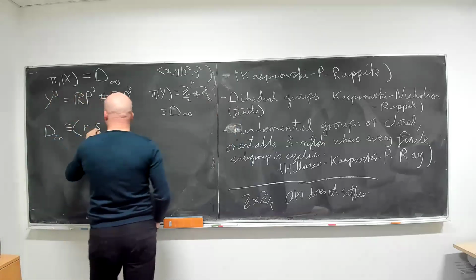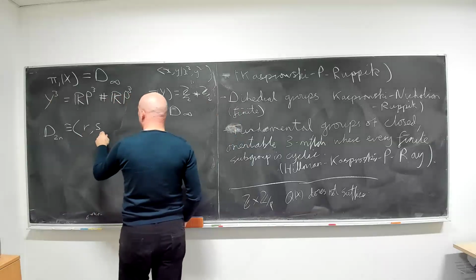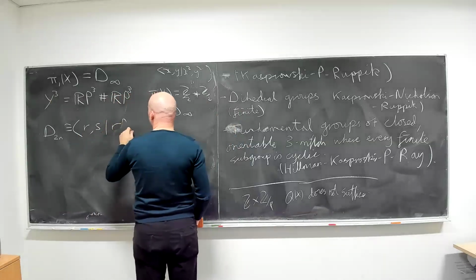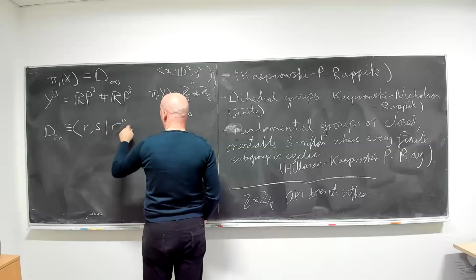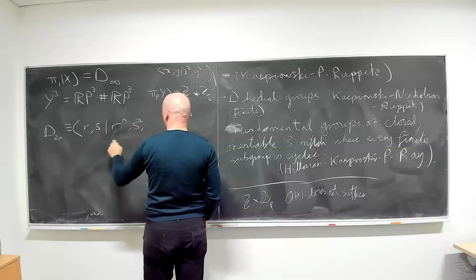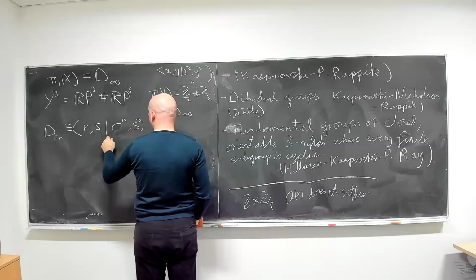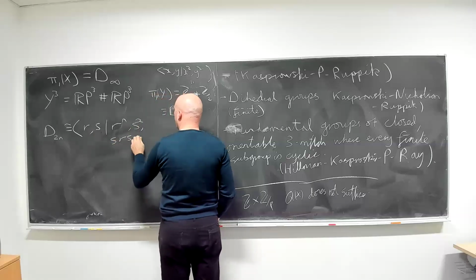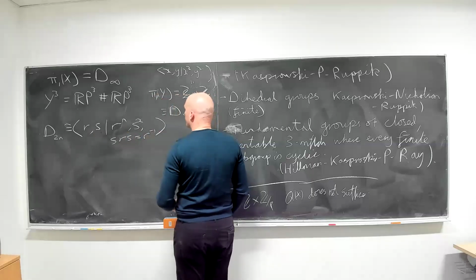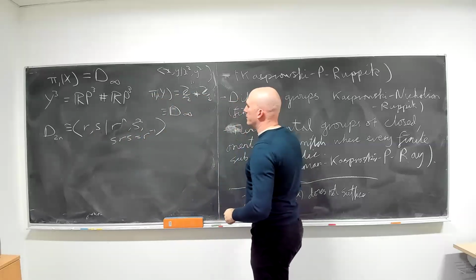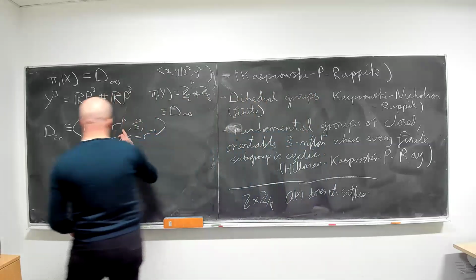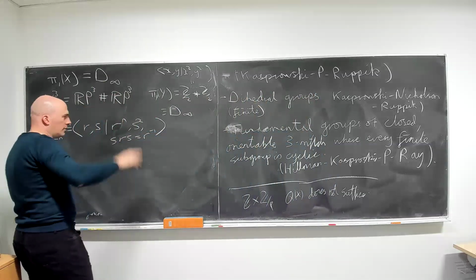So this has a reflection and a rotation, and r to the n is trivial, and s squared is trivial, and if I conjugate r by s, I get its inverse. So if you want to get the infinite dihedral group, you just make the rotation be of infinite order.